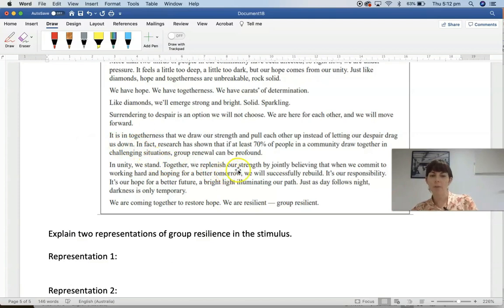Together, we replenish our strength by jointly believing that when we commit to working hard and hoping for a better tomorrow, we will successfully rebuild. It's our responsibility. It's our hope for a better future, a bright light illuminating our path. Just as day follows night, darkness is only temporary. We are coming together to restore hope. We are resilient, group resilient.